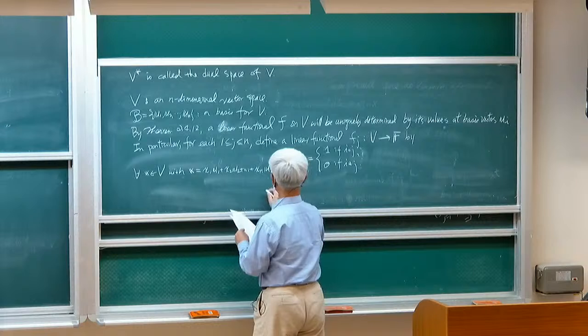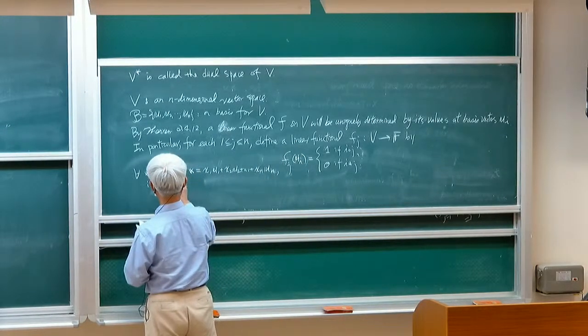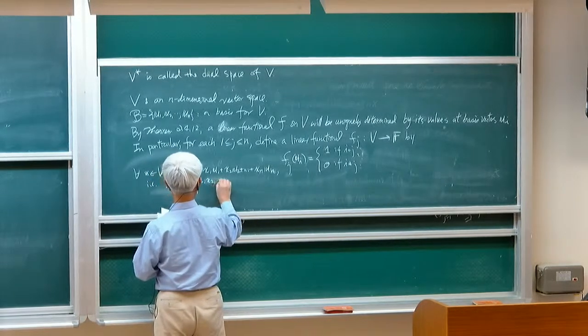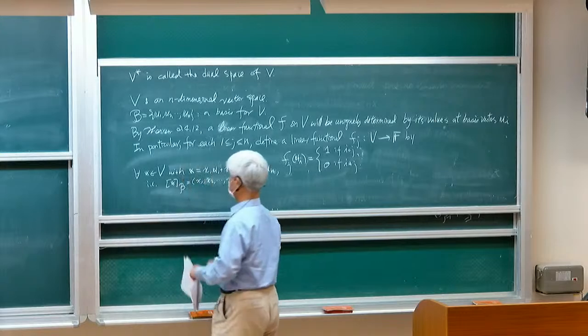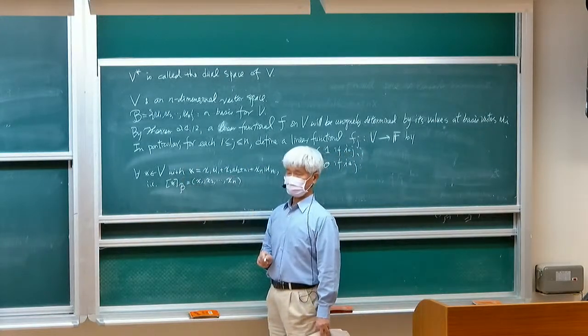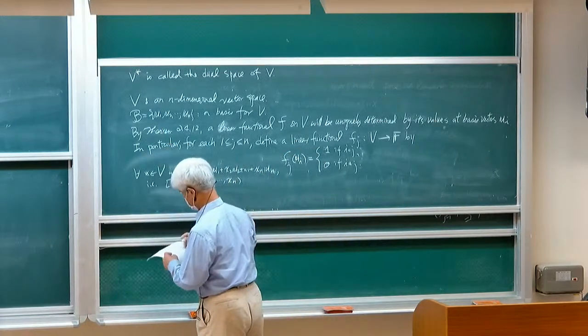Okay, and here the coordinate is just xi. Okay, so we know that this is the coordinate vector relative to the basis B.